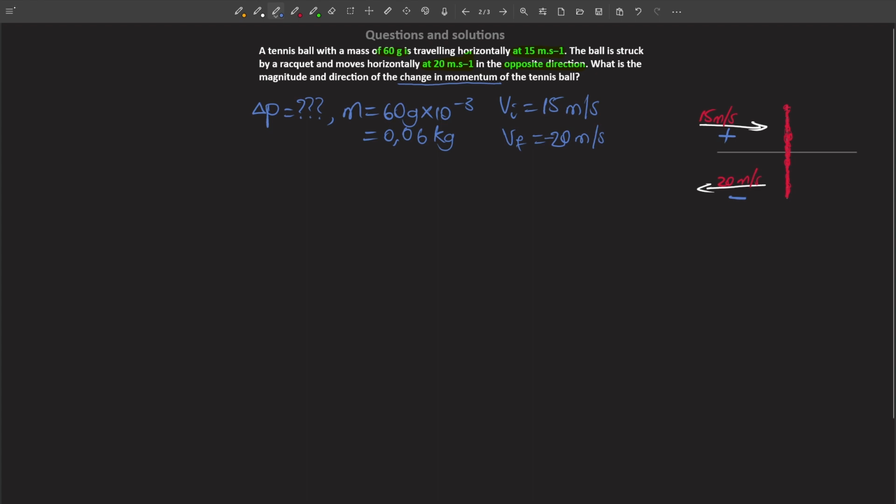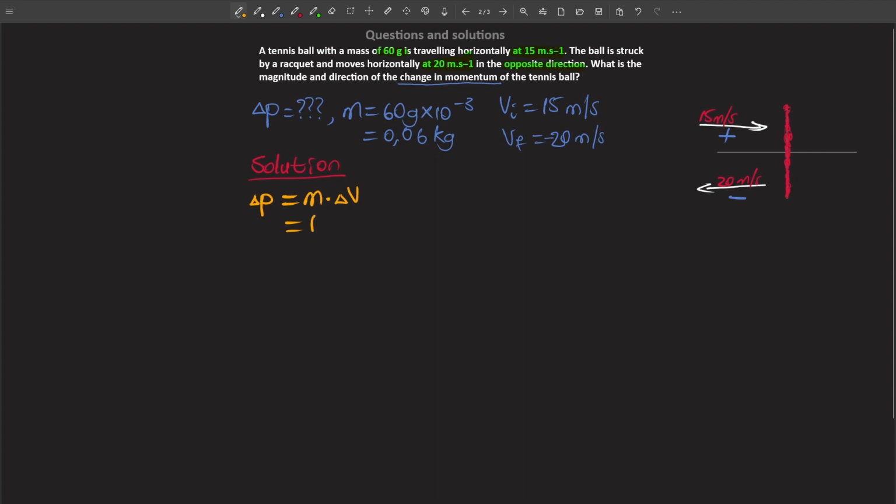So now let's solve the problem. Our solution. What are we looking for? We are looking for a change in momentum, which is mass times the change in velocity.